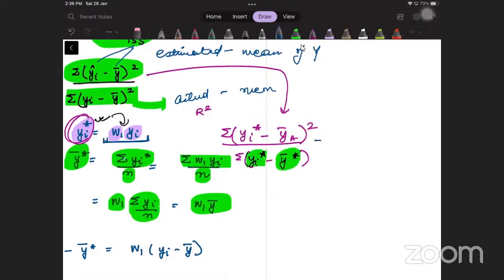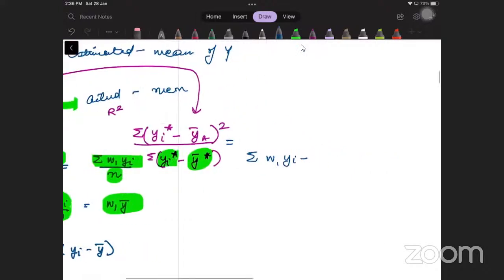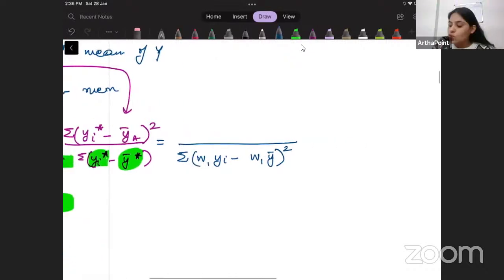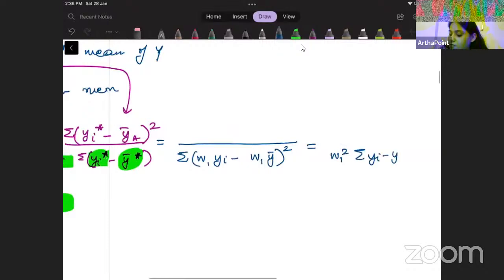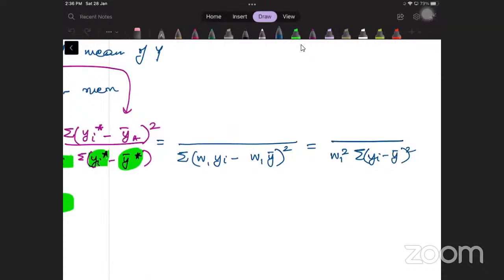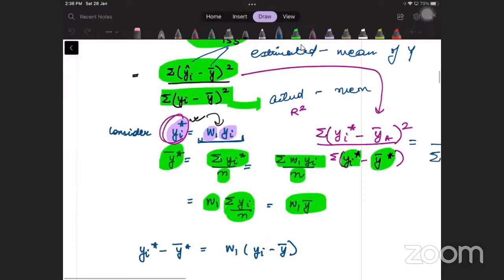So actually in the denominator, I can write this as summation w1 yi minus w1 y bar whole square. And you can take this w1 square common. So it will be w1 square summation yi minus y bar whole square. Okay, that is your denominator.